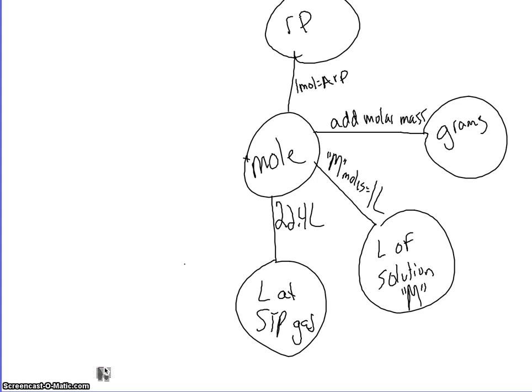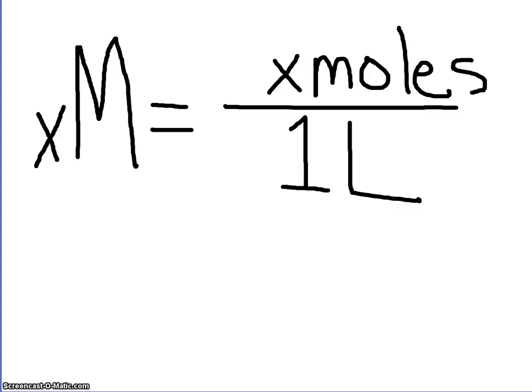Molarity is helpful because it allows us to convert back and forth between aqueous solutions and moles. So let's see the definition of molarity. If I have X molar substance, then that means there are X moles in every 1 liter.